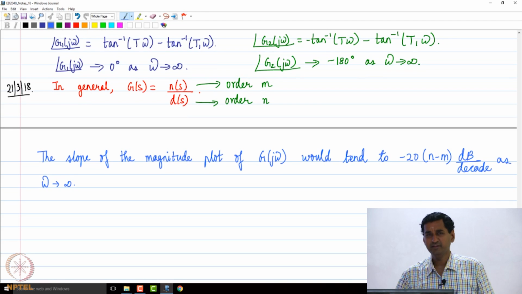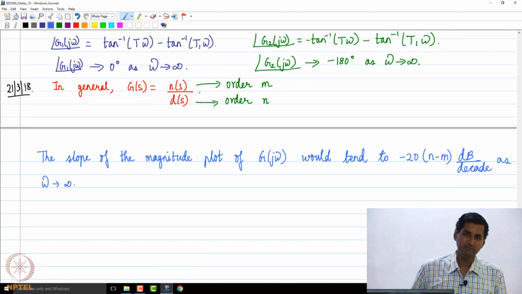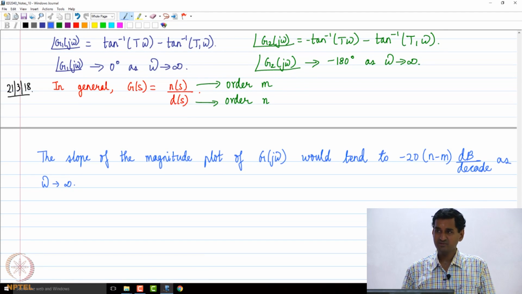This is true for both minimum phase and non-minimum phase systems. Essentially n minus m is the relative degree of the transfer function, right? So the slope of the magnitude plot is always going to tend to minus 20 times (n minus m) decibels per decade, irrespective of whether we have a minimum phase or a non-minimum phase system.